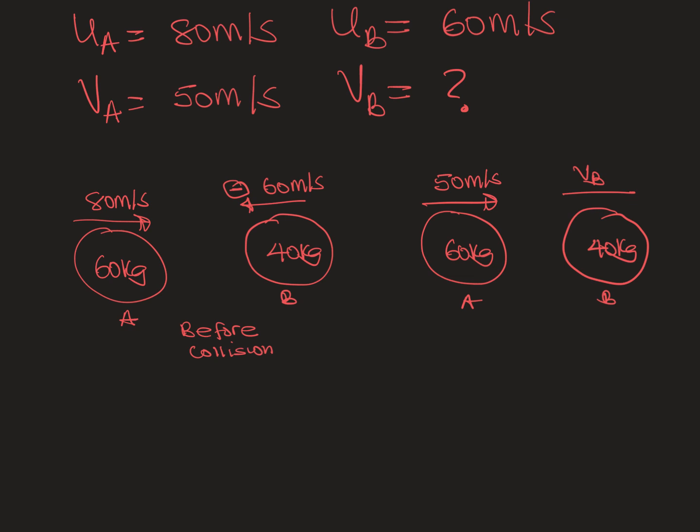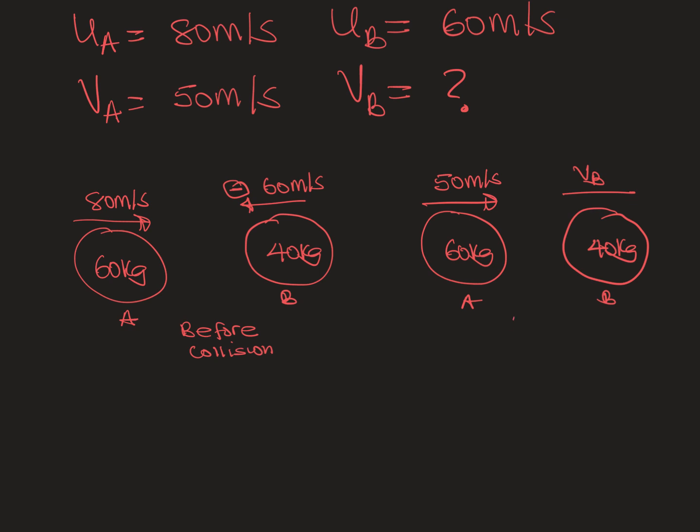That is how you deal with momentum problems. If the initial velocity is in the positive direction and the final velocity is negative, it has reversed. But for a body that initially has a negative velocity, it is only when you have a positive velocity that it has reversed its direction.